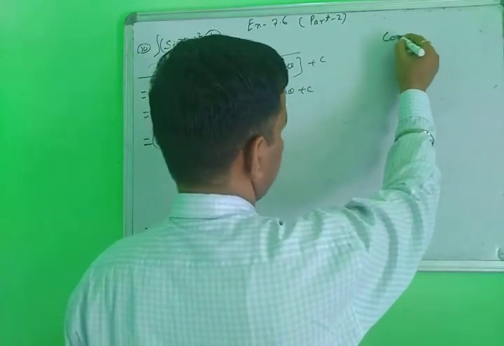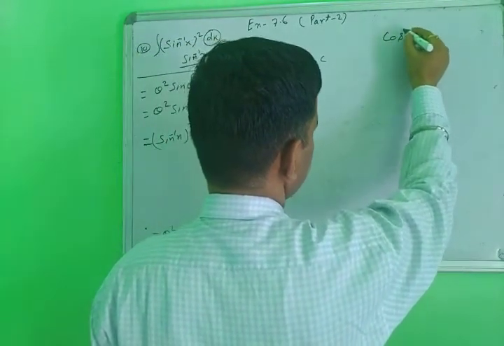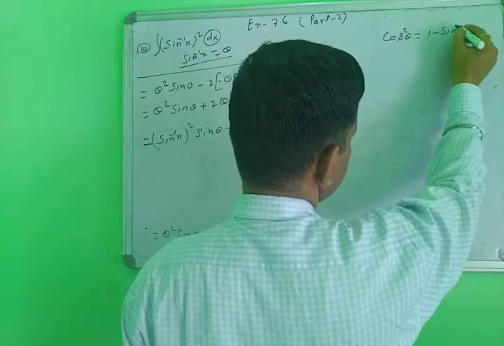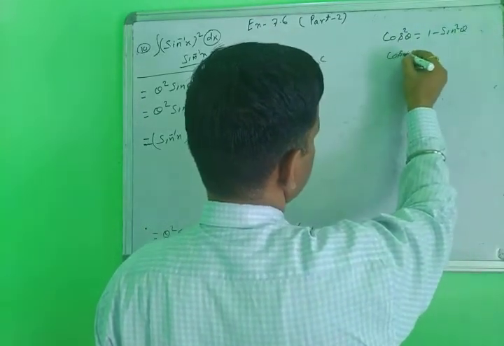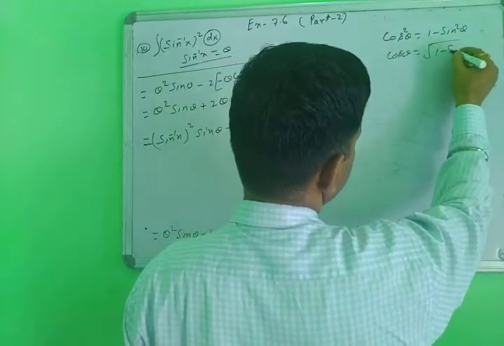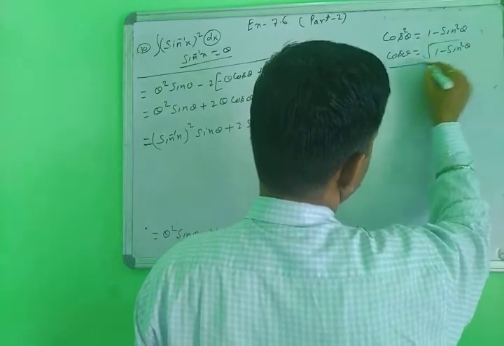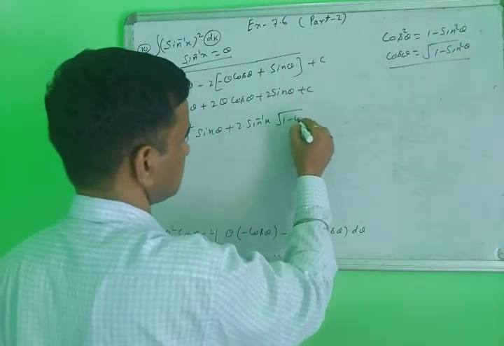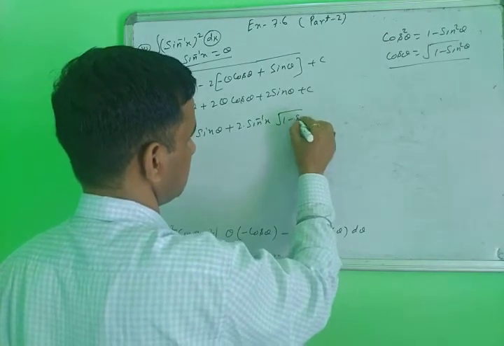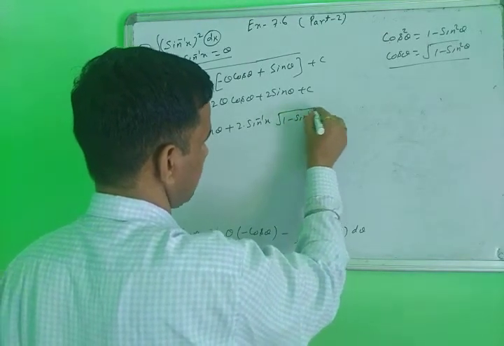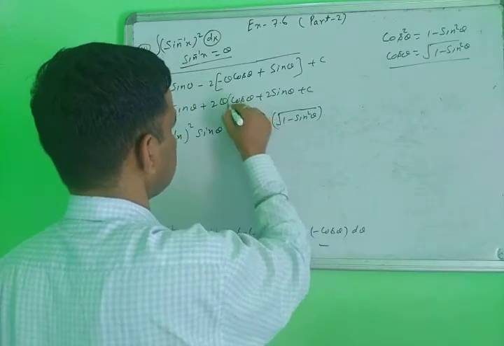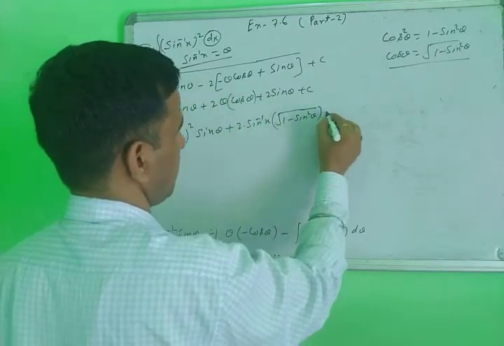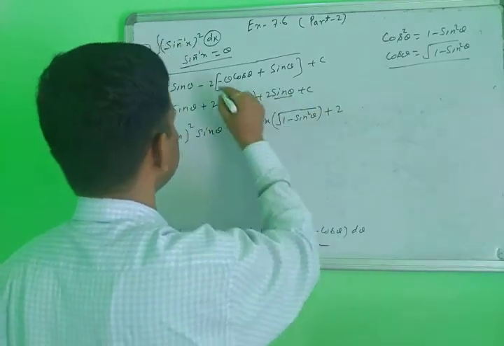Then you will write cos square theta equals 1 minus sin square theta, and the value of cos theta is root of 1 minus sin square theta, using this identity. You will convert this cos theta in this form, plus 2. What is the value of sin theta here?